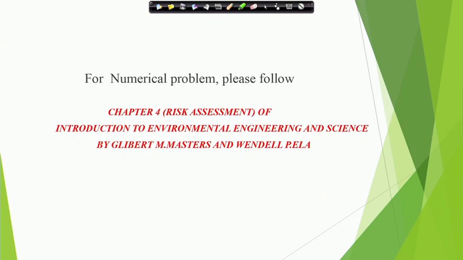It will be available in the central library, and possibly in other libraries on your campus or wherever you are. Chapter 4 will help you understand some of these concepts, which we try to explain, and if it is not clear, it will help make it clearer.